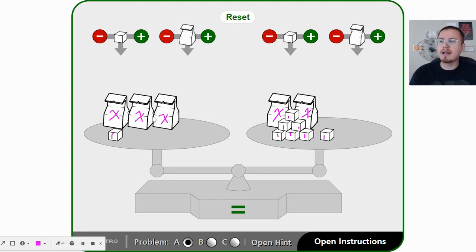So looking at this, my goal is to get the 1 bag all by itself. So I know how many blocks are in that bag, how much it's equal to. So by adding or subtracting bags and blocks, how can I get a bag by itself? Like, let's look at the left-hand side. How could I get this so there's only 1 bag there instead of 3?